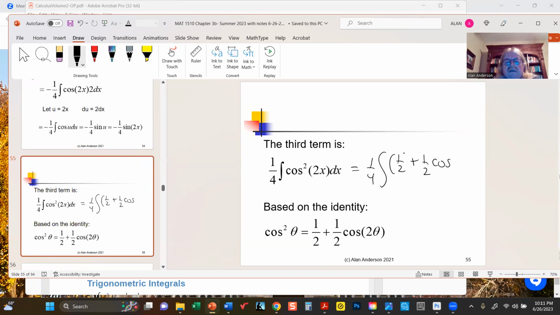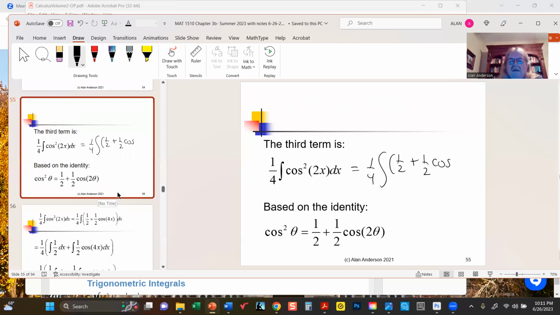And that means, if we're treating this as our theta, then we have 2 theta here. This becomes 4x.